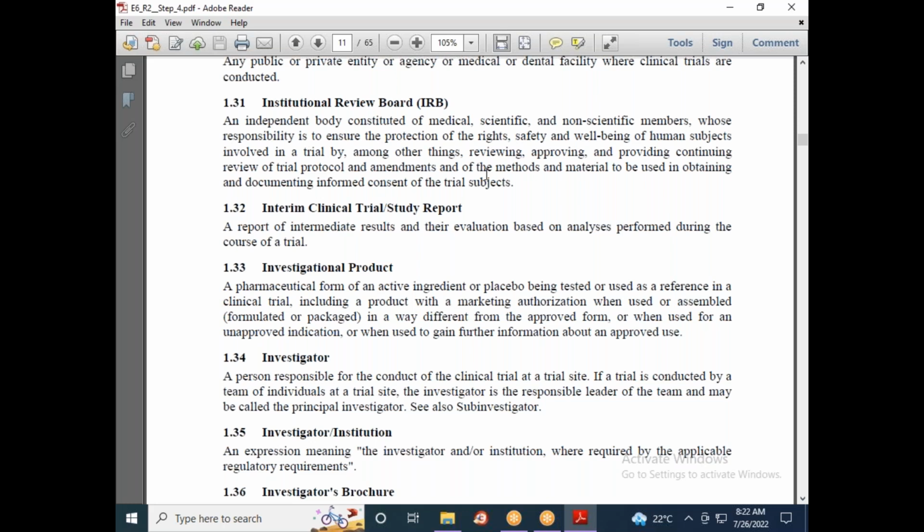So in this case, your regulatory authority will give you an opportunity. Till this 80% data is collected, all your randomization codes are blinded.